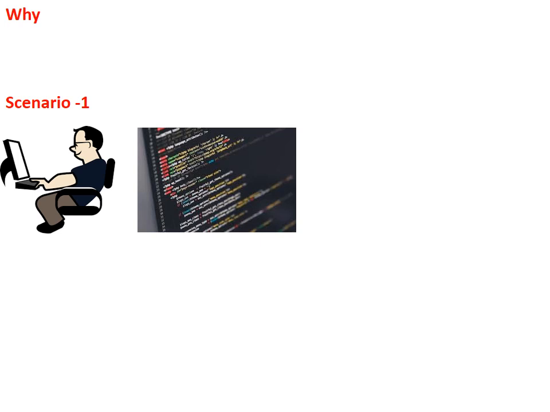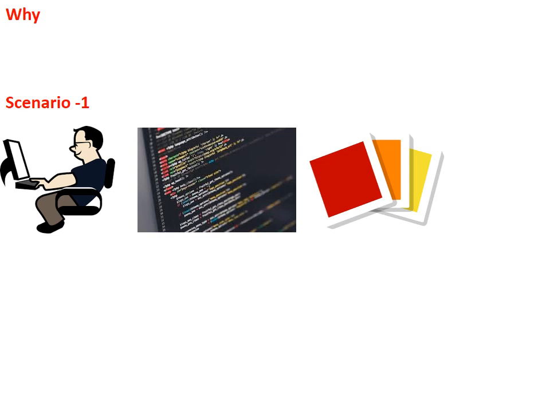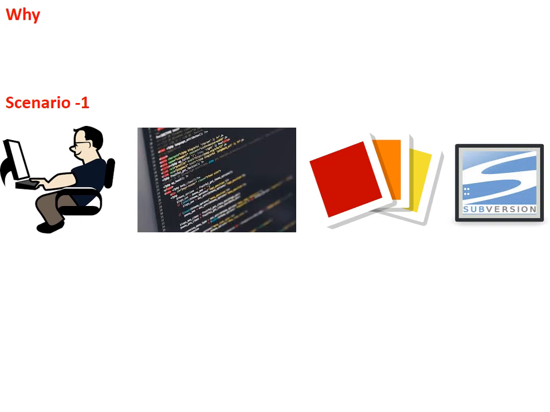It is very difficult to get back the previous version. In that case, you can use version control. Otherwise, manually you have to store the file as version 1, version 2 and so on. This method is not an efficient way to track old files. So it is better to go for version control.